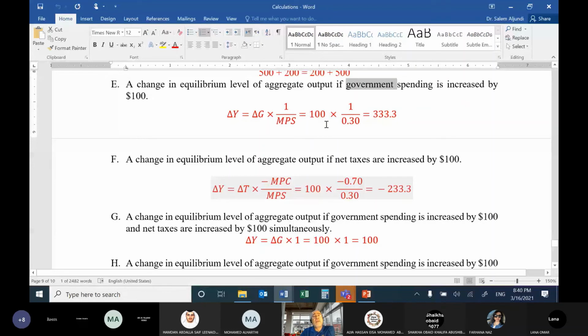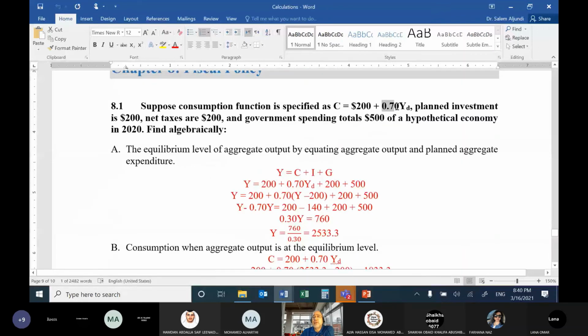What is marginal propensity to save? This is important. So how many times I explained how to calculate marginal propensity to save. Go to the question and here dot 70 is marginal propensity to consume.